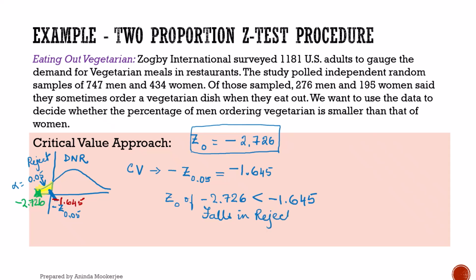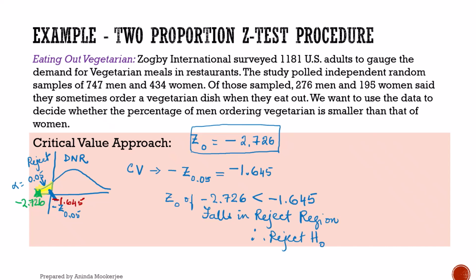Please make sure when you're working these questions on assignments and exams, you also write down the conclusion that you came up with from the critical value approach and how you came up with that conclusion, right? It falls in the reject region, therefore reject the null hypothesis. Recall that the null hypothesis stated that there was no difference between the proportion of men and women ordering vegetarian.